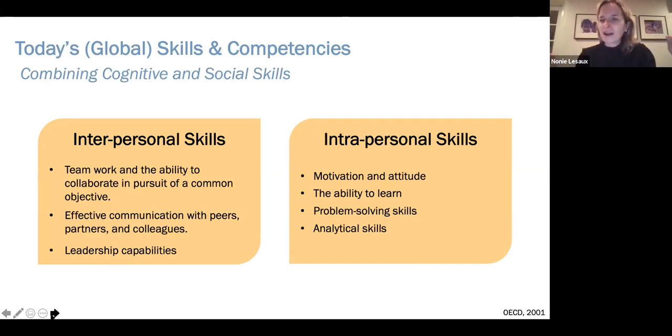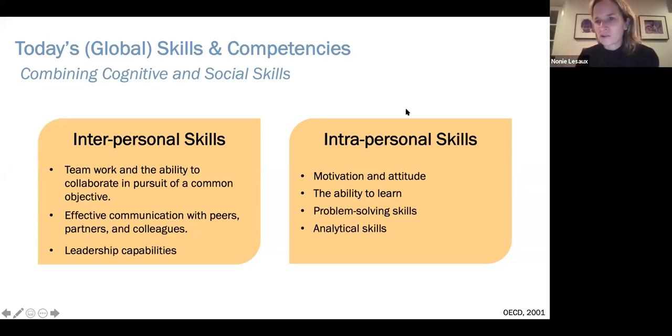I'm managing my airtime, I'm picking up verbal cues, visual, non-verbal cues. I'm collaborating in pursuit of a common objective. I have those team-based skills, collaborative skills. I'm practicing my leadership, I'm practicing my communication.